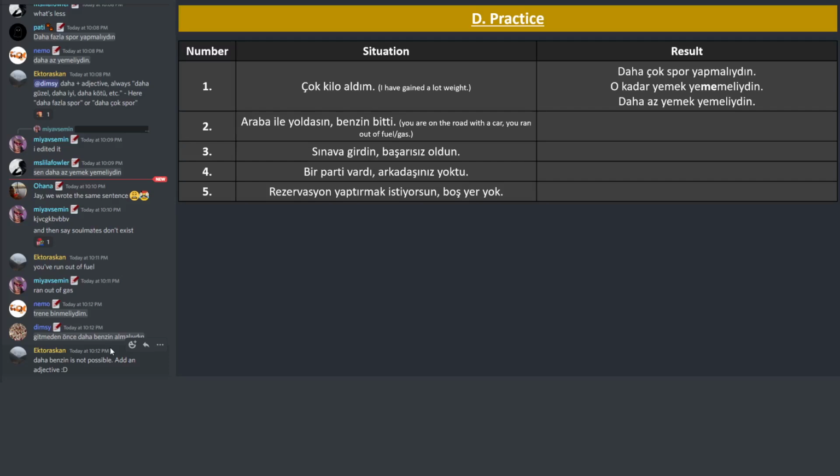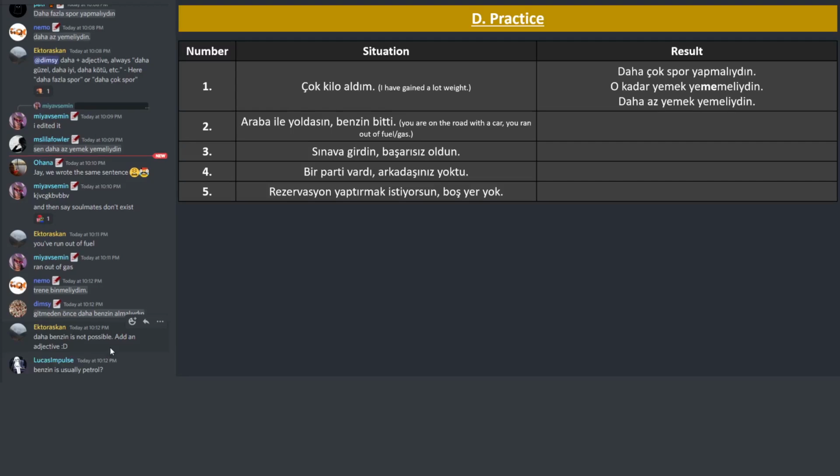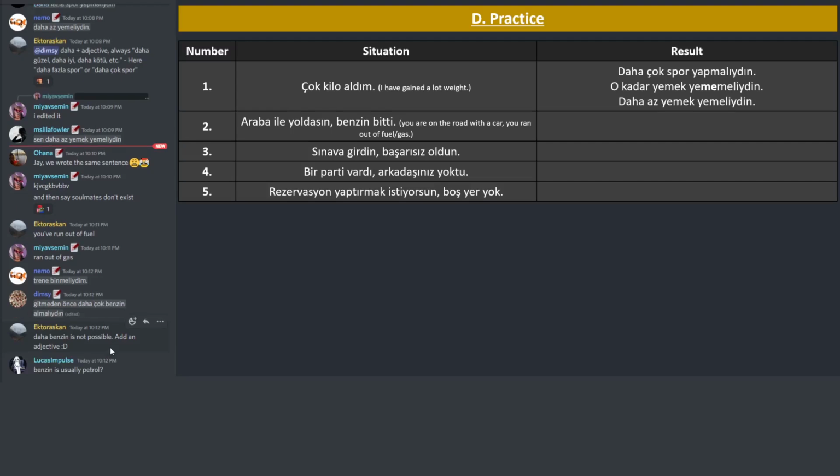You should choose your role in this situation. Benzin is like gas, gasoline. Fuel could be other things, but we are talking about a car here. So a car runs with fuel, so it's the gas, so benzin.